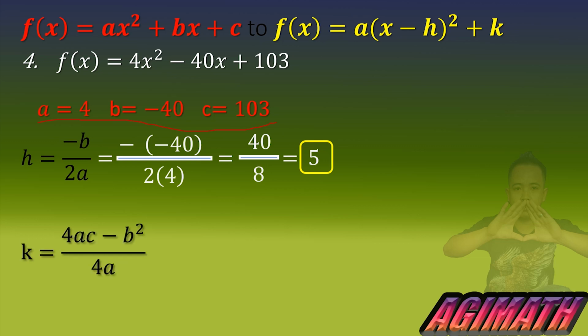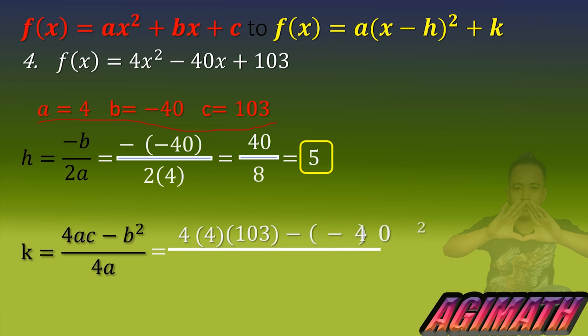Okay, next we have k equals 4ac minus b squared over 4a. We are just going to substitute and simplify. So we have 4 times a is 4, so that's 4 times 4. C is equal to 103. And then minus, so you write minus, and then b squared.